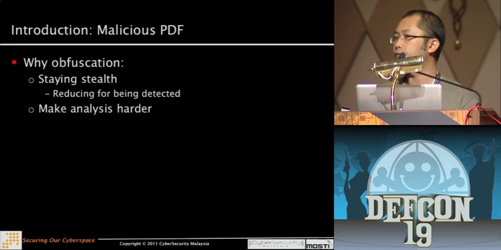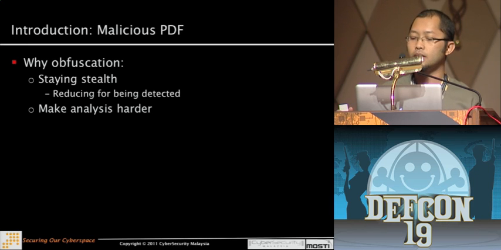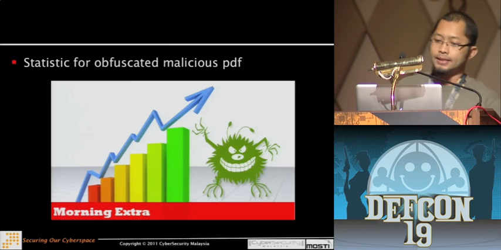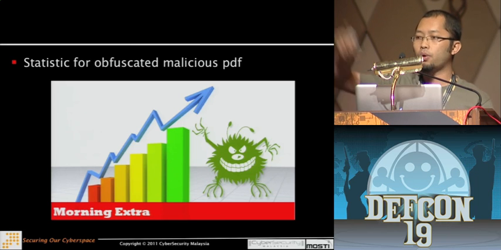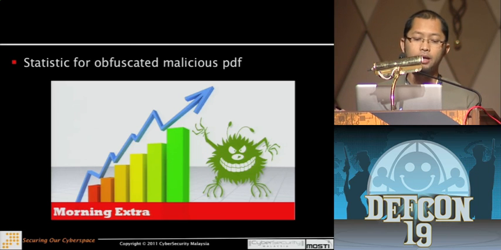If you were here for the previous presentation about APT, we still believe that in the end of the day your tool is going to be detected, but you can make analysis much harder by implementing some obfuscation. The statistics of obfuscated malicious PDFs are always going up, because that is pretty much a trend.